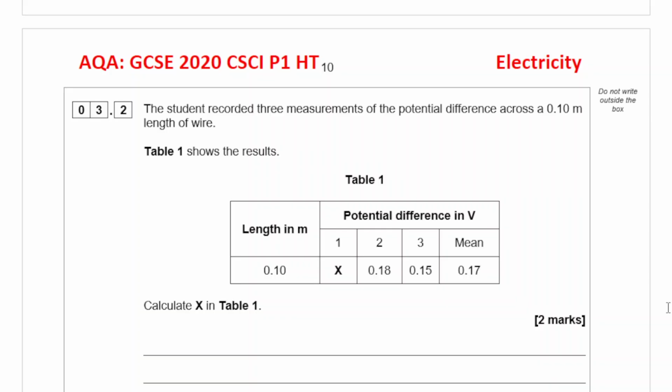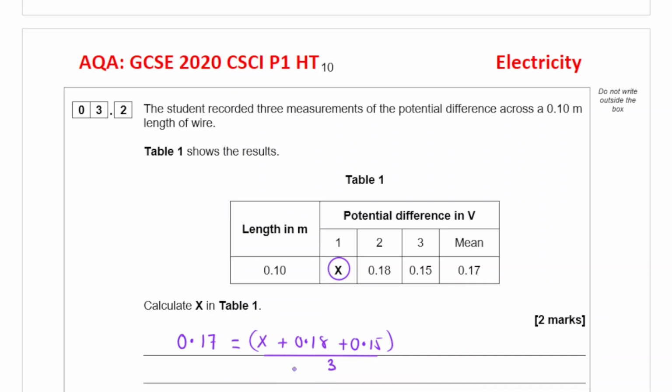The student recorded 3 measurements of the potential difference across a 0.1 meter length of wire. So at 10 centimeters, you got X, which is the missing value, and you have been given the mean. So 0.17 is actually equal to X plus 0.18 plus 0.15, divided by 3.